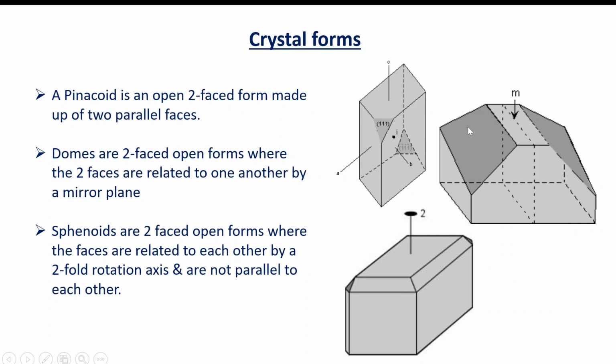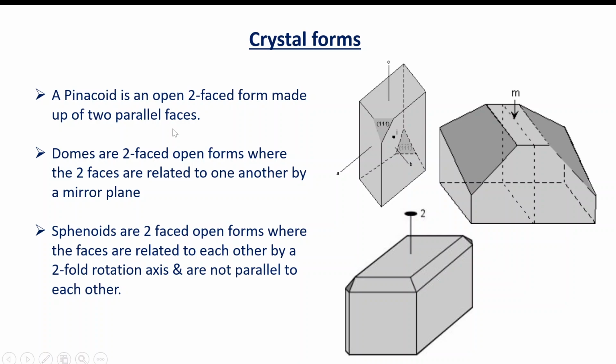Domal faces are a 2-facet form where the 2 faces are related by a mirror plane or a plane of reflection. So there must be a mirror, a symmetry element, present between the 2 planes, and if I simply do the reflection, you will get the same plane from one part onto the other part.